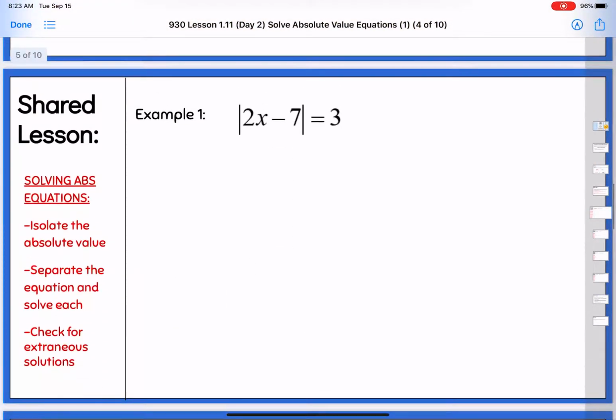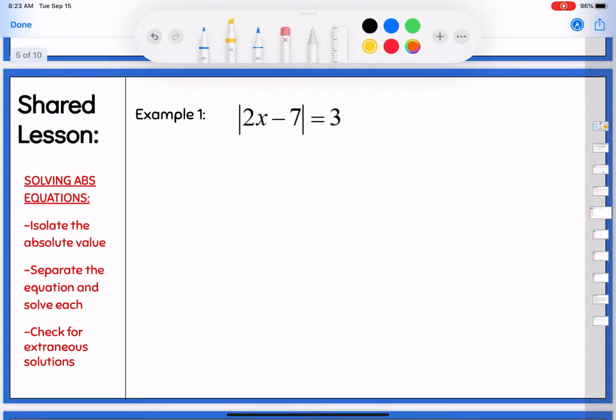So our first example links exactly back to what we did yesterday. This was one of the more complex ones we did yesterday. If you remember, this is saying the absolute value of 2x minus 7 has to equal 3, which means that whatever this ends up being, after I solve for x, when I plug it back in, that number has to be 3 units away from 0.